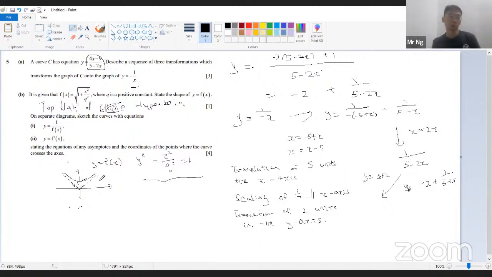Asymptote is y equals 1 over q x, then y equals minus 1 over q x. How I do it is that when x tends to infinity, this thing becomes insignificant, so y equals the square root of this thing, which equals plus minus x over q.